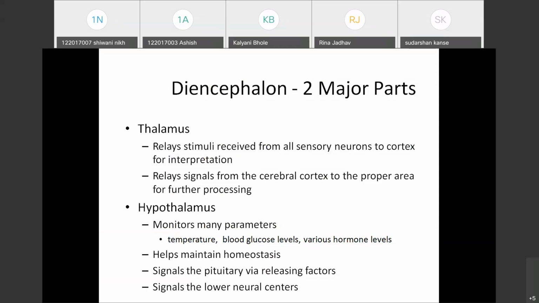Each thing is taken care of by different parts, say speech or hearing, or in this case the function of the hypothalamus is control of the temperature, blood glucose level, and various hormone levels. Whatever functions the brain is doing, all those functions are taken care of by different parts. So the hypothalamus is one of those parts, the thalamus is another part.